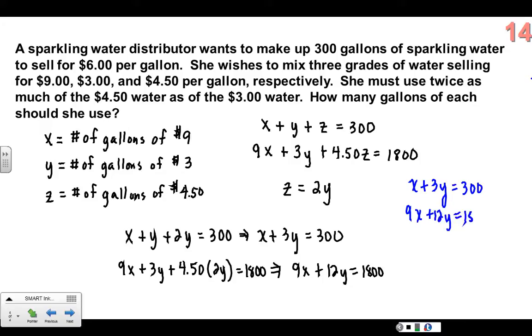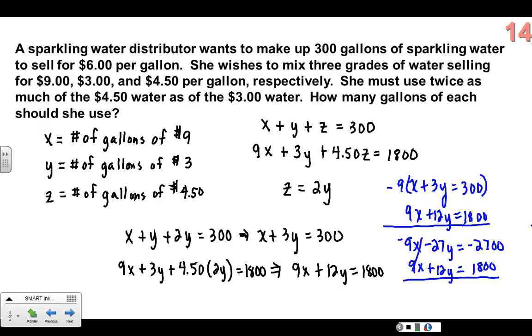equal to 1,800. So since I want to get the x's to drop out, I'm going to multiply by -9 on top. So that gives me -9x minus 27y equal to -2,700. 9x plus 12y equals 1,800.